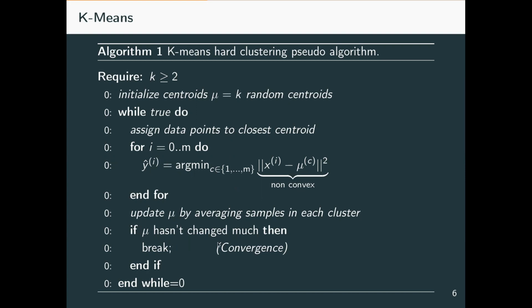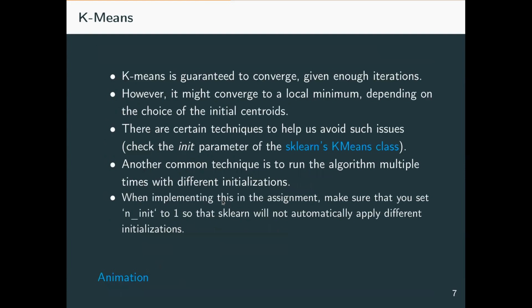Our convergence check is that if the means have not changed in a while, then there's probably no reason to go on, so we break the loop. A good thing about k-means is that even though it's simple, it is guaranteed to converge. So we will not have an infinite loop that doesn't end.